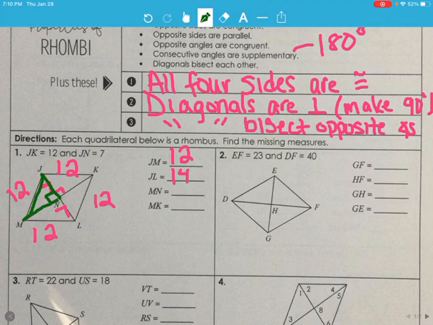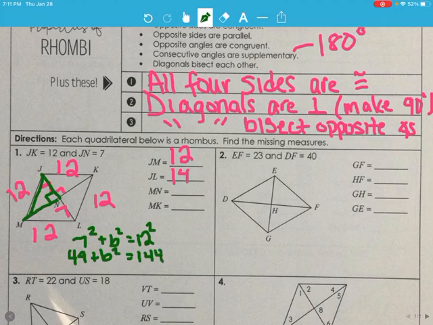Remember, the side that is opposite my right angle is my C, so in this case I will have 7 squared plus B squared equals 12 squared. With that being said, 7 times 7 is 49, B squared stays B squared, and this becomes 144.